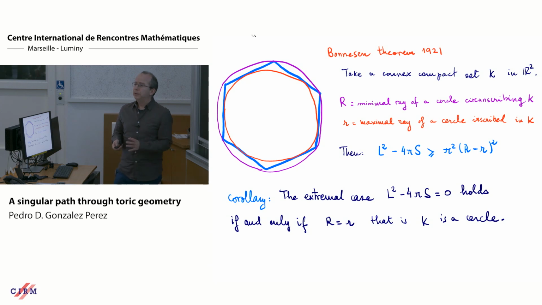And this is usually the hard part of these isoperimetric problems: once we have found some equality, determining when this equality holds. And this was also proven later by Bernard using algebraic geometry methods.